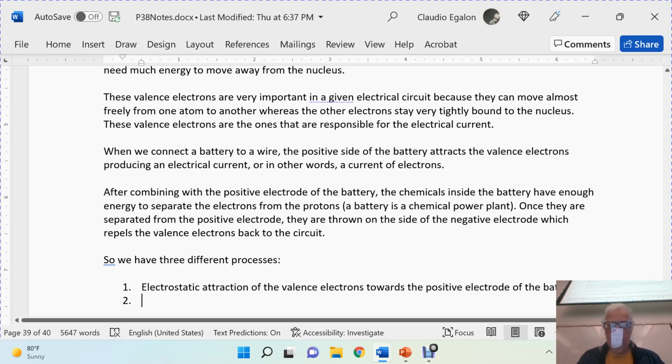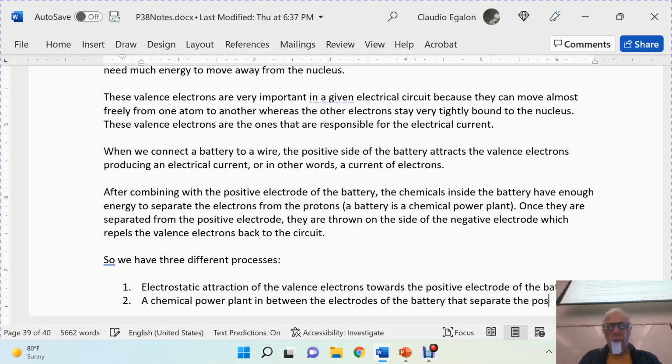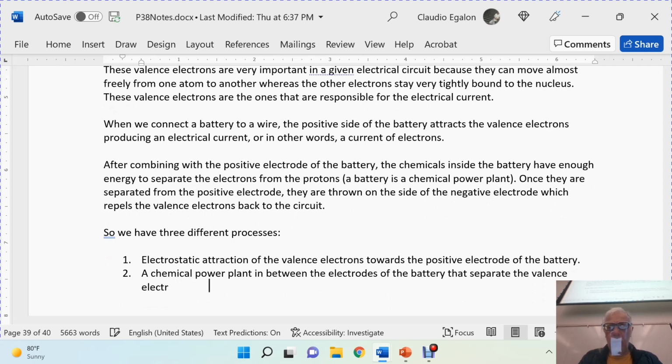Okay, a chemical power plant in between the electrodes of the battery that separate the positive, the negative, the valence electrons from the positive electrode.